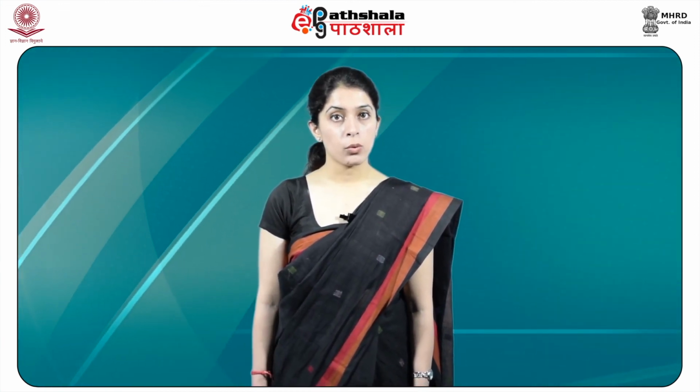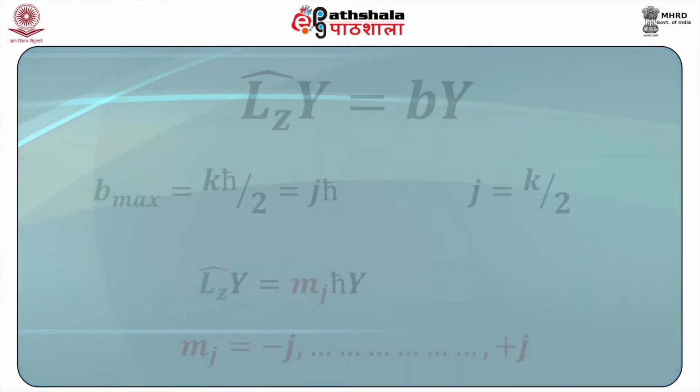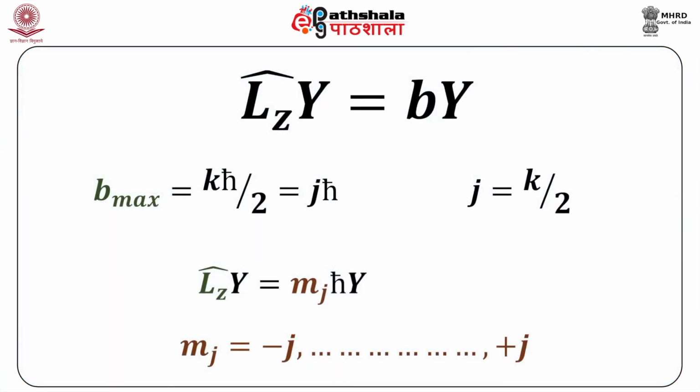The eigenvalue equation for this is of the form Lz psi equals to B psi, where B is the eigenvalue which is taken as K h cross by 2 equals to J h cross, where J is equal to K by 2 and K can take up values 0, plus minus 1, plus minus 2 and so on. That means Lz psi becomes equal to Mj h cross psi, where M is equal to minus J to plus J.